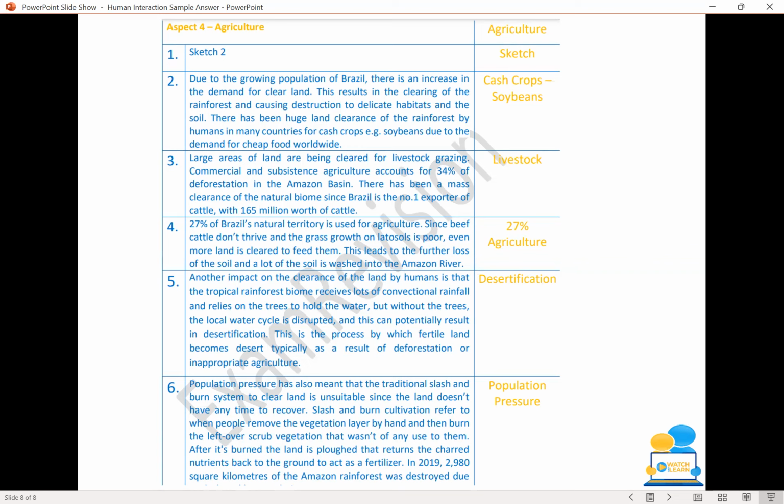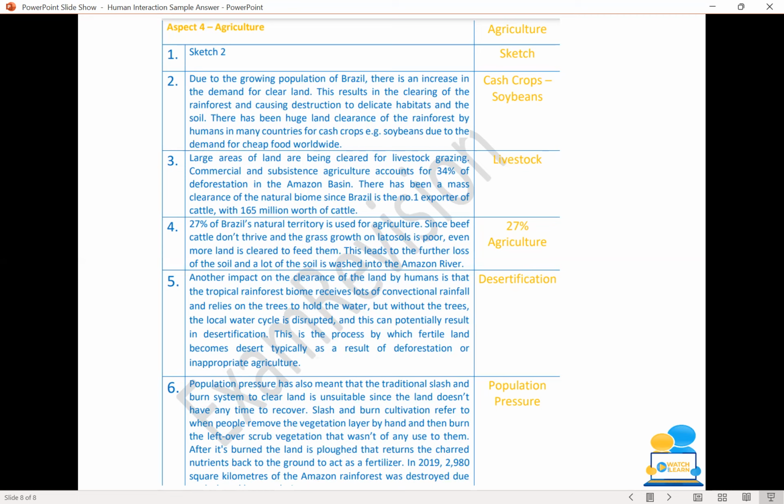After it's burned, the land is ploughed and it returns the charred nutrients back to the ground to act as a fertilizer. In 2019, 2,980 square kilometers of the Amazon rainforest was destroyed due to this slash and burn system. And that is the final point I would make then on the fourth aspect of agriculture.